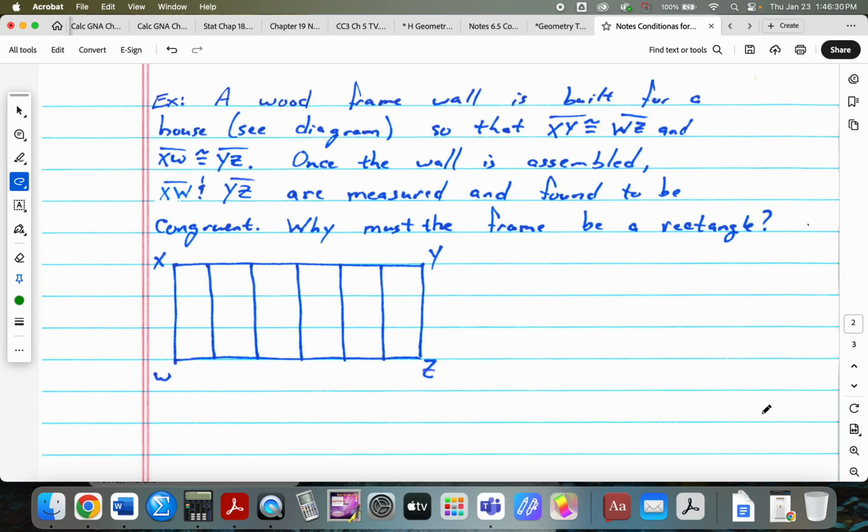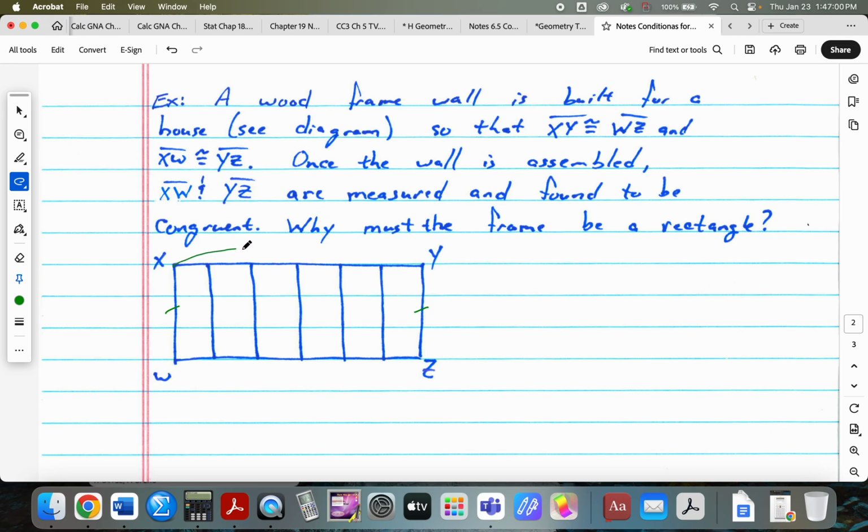So this is that wall I was telling you about a moment ago. So when you build a wall for the house, this is basically, not counting windows and doors and stuff, how it's done. A wood wall is built for a house so that XY, this side up here, is congruent to WZ, and XW, this side, is congruent to segment YZ. Let's stop right there.